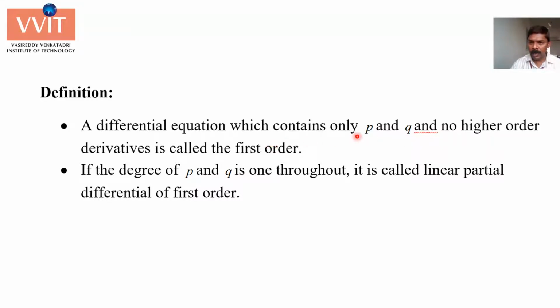So this P and Q you find in the equation, and no higher order derivatives, is called first order. And further, if degree of P and Q is 1 throughout, it is called linear partial differential equation of first order.